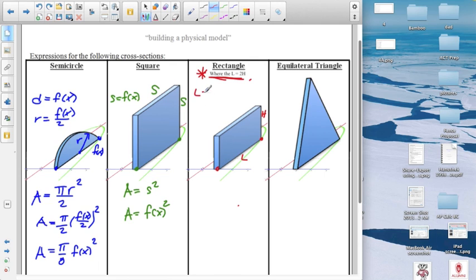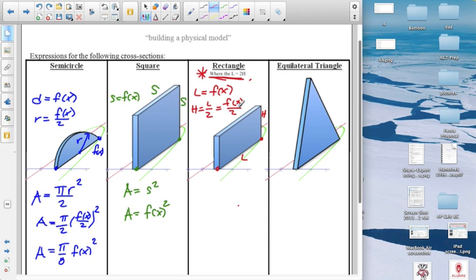So we have the length being the value of the function at any given point, and the height then is going to be half the length at any given point. So the height then is going to be the function divided by 2.